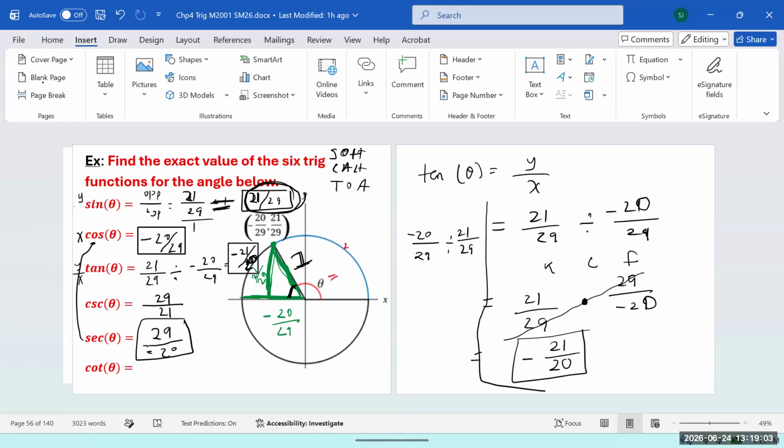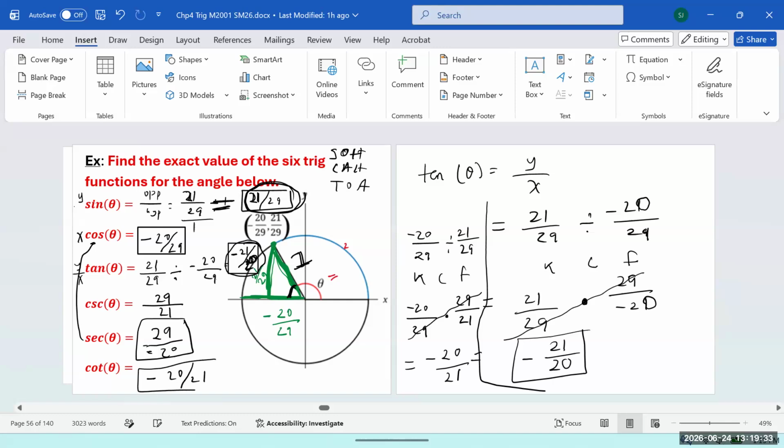Okay, and then what do you get from here? Over 29 times 29/21. You cancel the 29. 21. And it's the same as tangent, but the flipped version. -20/21.